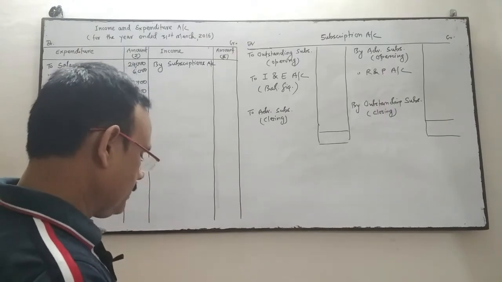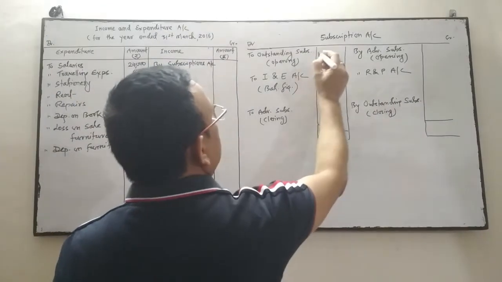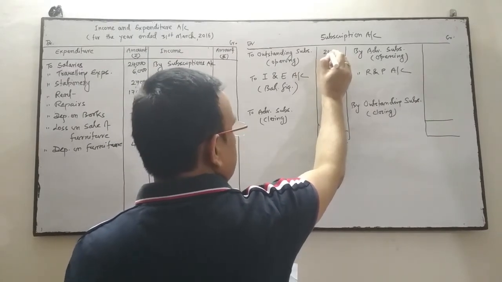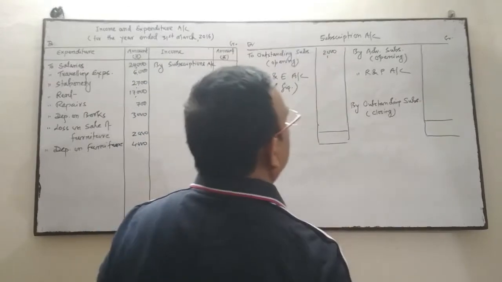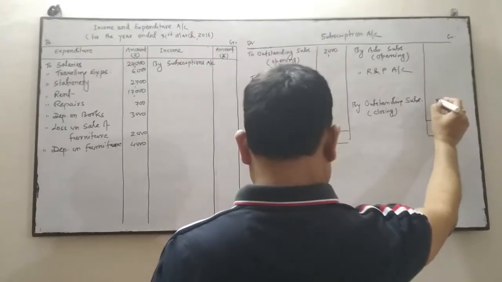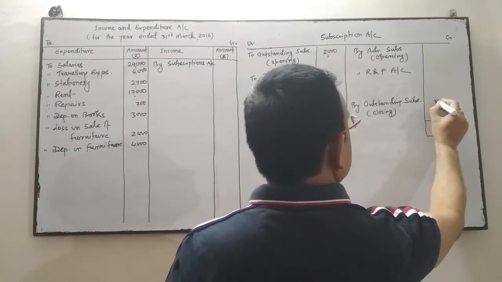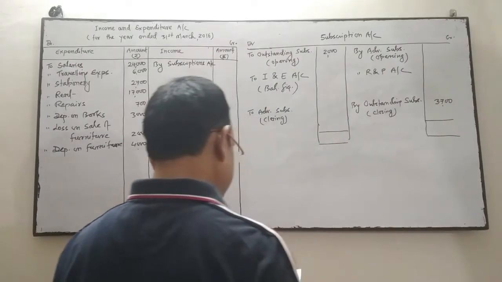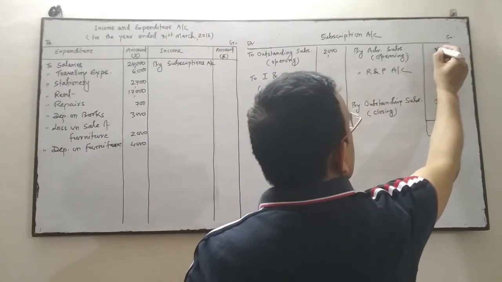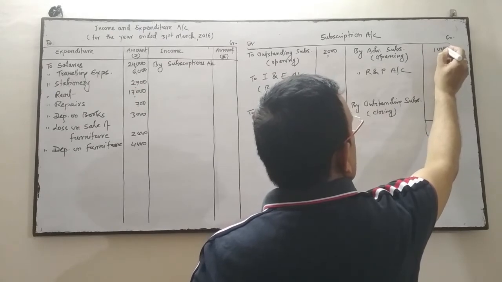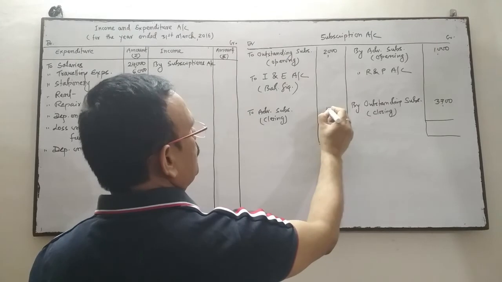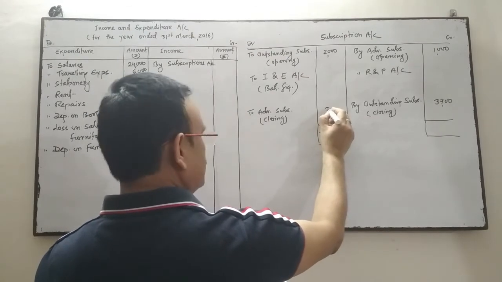Subscription opening, it is given, outstanding subscription opening is 2000. Outstanding subscription closing is 3,700. Advanced subscription opening means last year, it is 1,000 advanced subscription, and advanced subscription closing is 3,200.